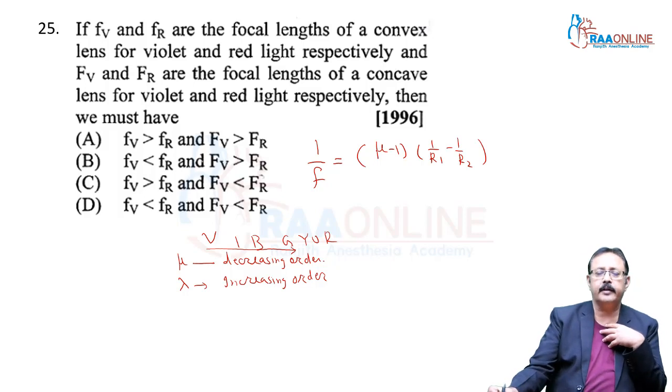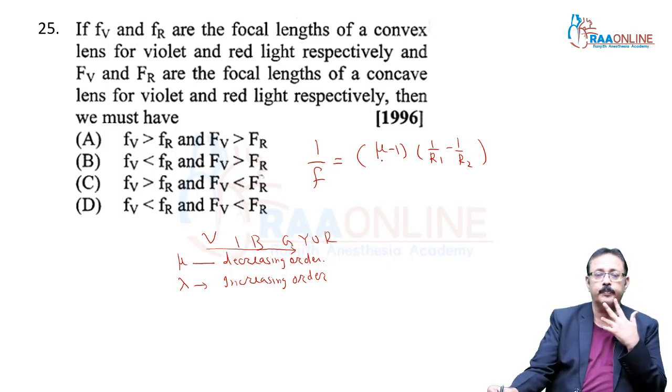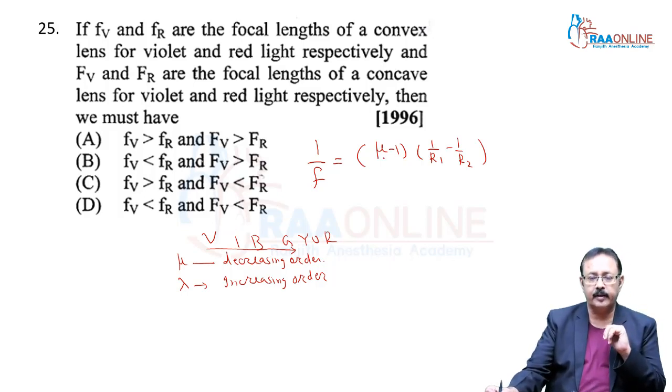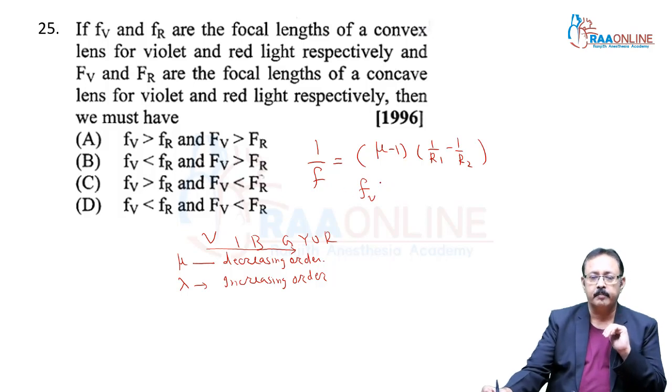If mu is greater for some color, this number will be more. Since F is in the denominator, F will decrease. For red mu is less, for violet mu is greater. So for violet, F should be less, meaning for violet the focal length should be less than for red.